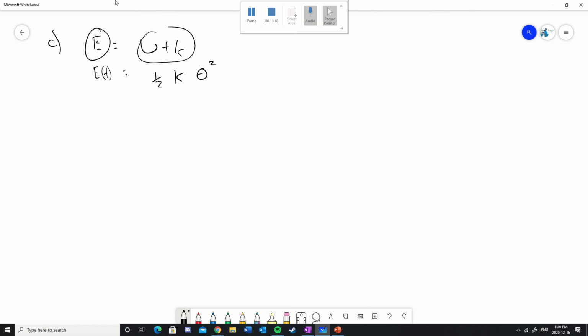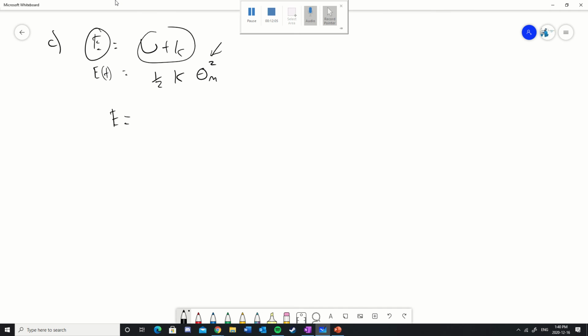But in this case, since we're doing maximum potential energy, actually no, apologies, this would be kinetic. No, no, this would be potential. Sorry about that. We have to have the max possible value for theta here. So that just so happens to equal our amplitude, which we solved earlier.